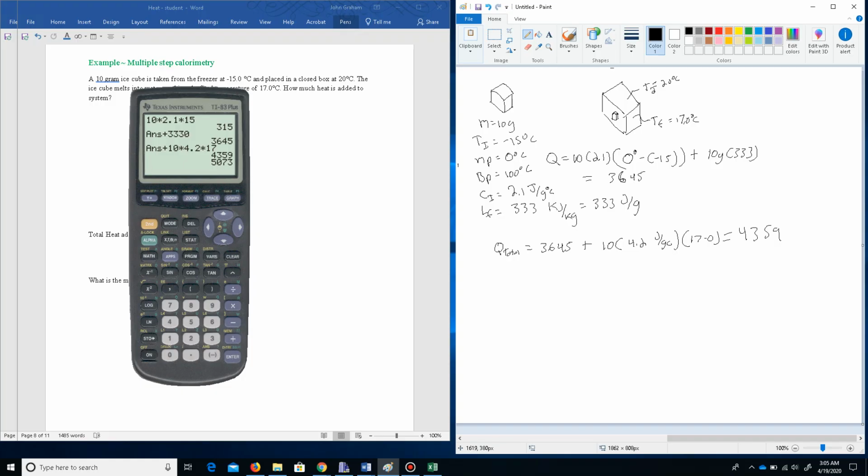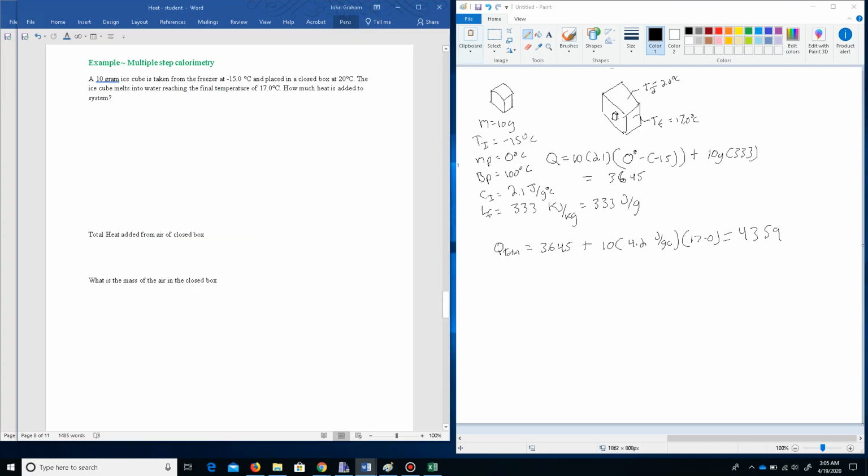Right, so this part here is the total heat added from the air of the closed box to the ice. So this is what the ice has to get from the air. So this air is losing, this change in energy for the air is a negative 4359. And that's going to be equal to its mass times specific heat of air times the change in temperature.